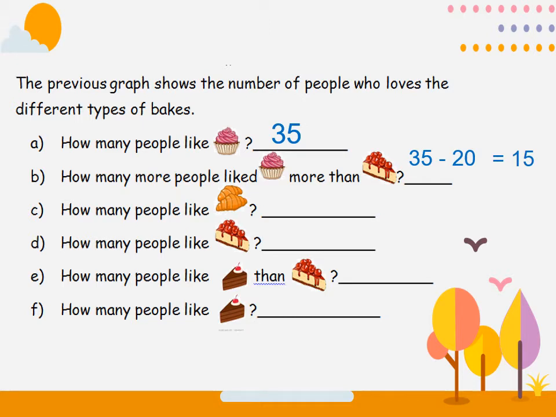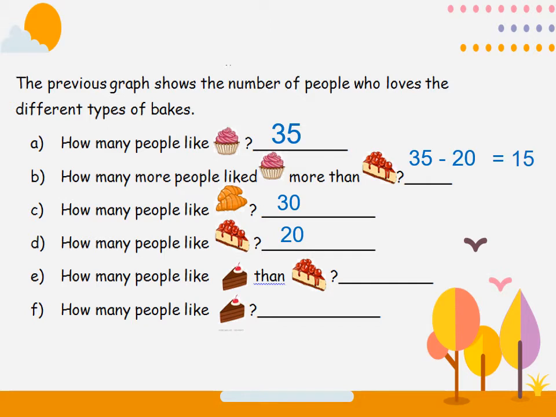And question C, how many people like the croissant? 30. Excellent. How many people like the cheesecake? 20. Get the answer from the graph. And how many people like chocolate cake more than cheesecake?